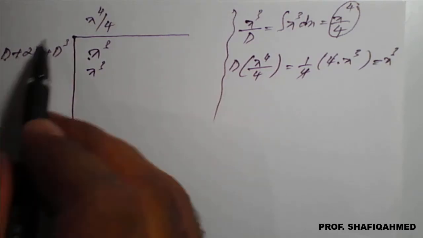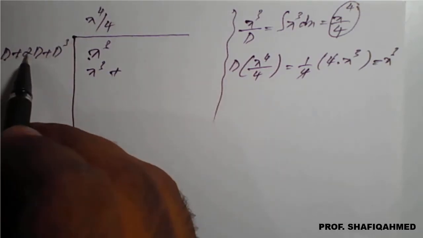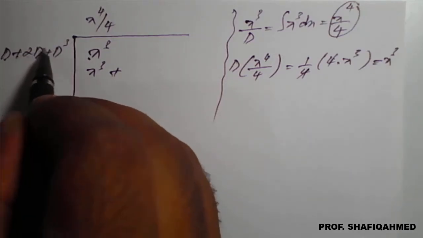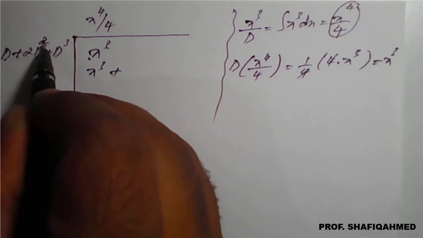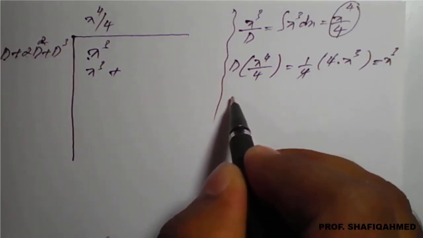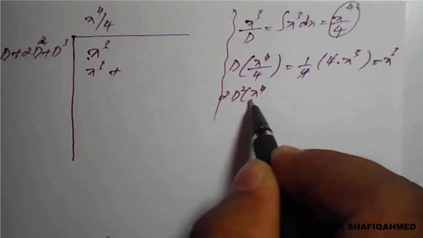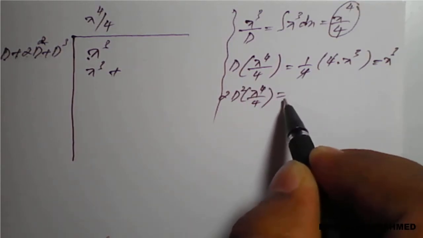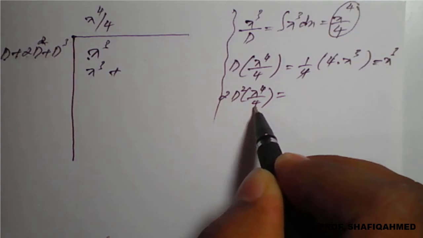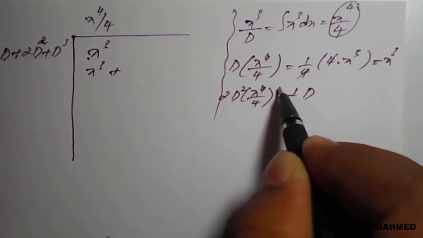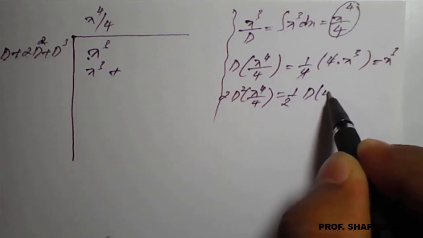Now next, plus into plus is plus, 2 times d square of this x raised to 4 upon 4. So this 2 by 4 will become 1 by 2, times differentiation of x raised to 4, which is 4x cube.